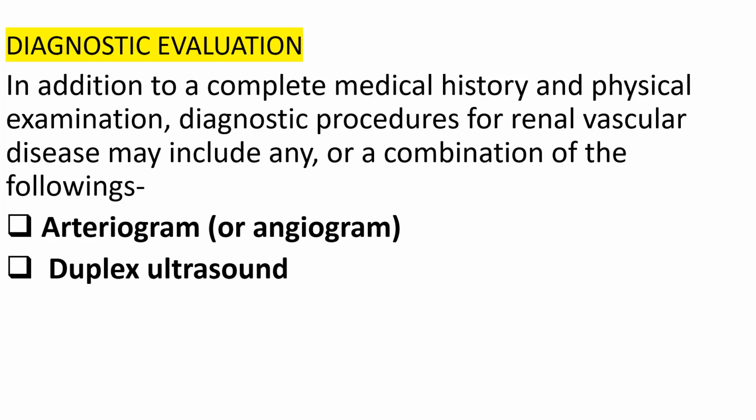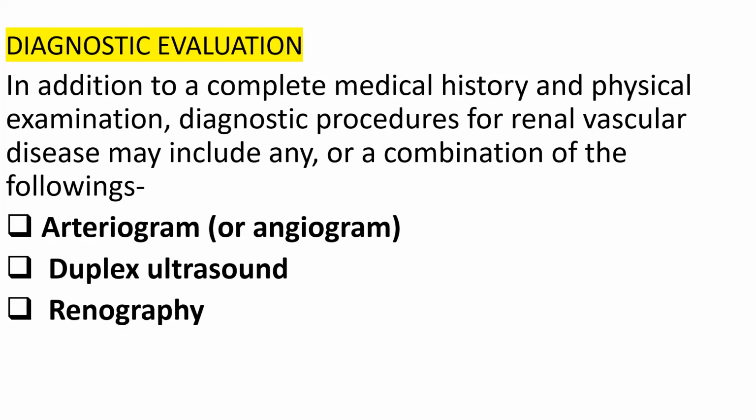In the first mode, they take an image of the renal artery, and in the second mode they check the blood flow. So are you clear, all of you? Yes, ma'am. Okay, so next, let's move on.